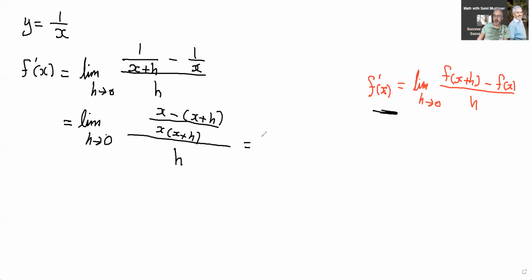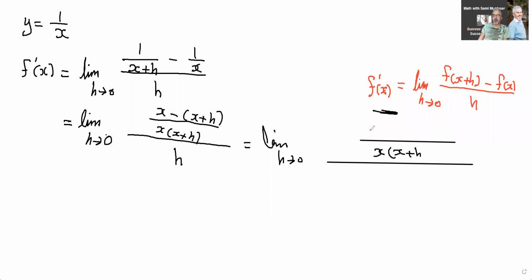which equals limit as h goes to 0, so we'll have x and x plus h here, and this will become x minus x minus h because the negative is a sign changer, all over h.